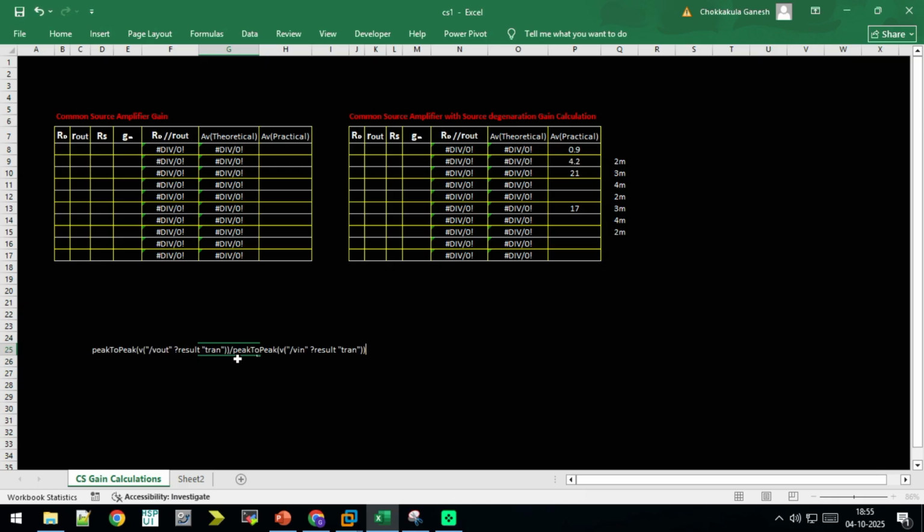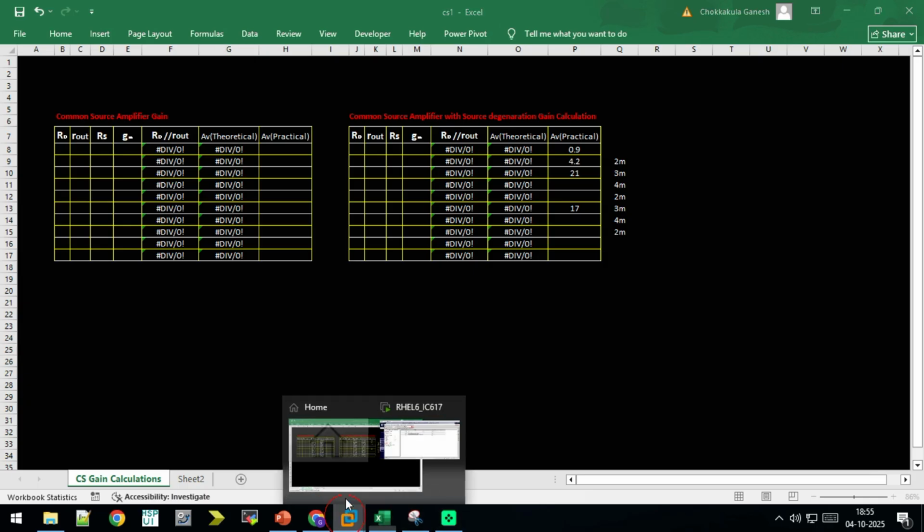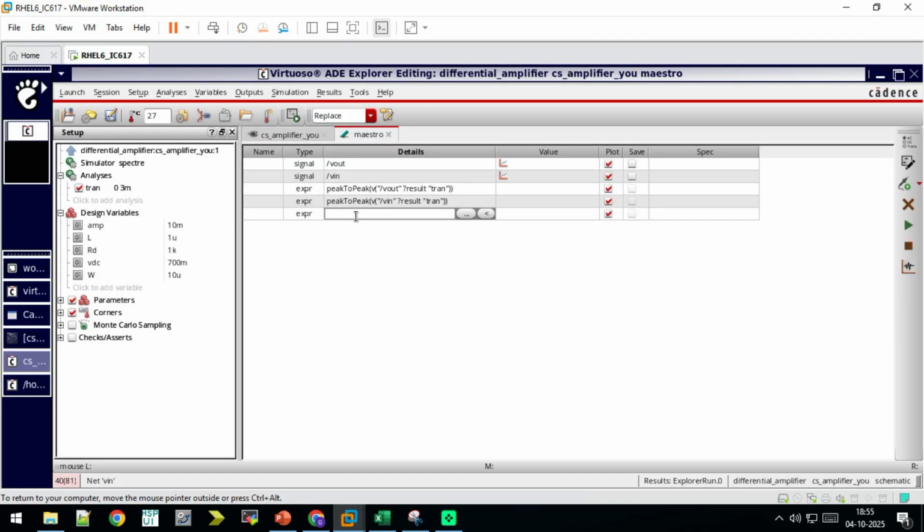I will be dividing the peak to peak of the output by the peak to peak of the input, so that I can calculate the gain. So this is nothing but the gain of the amplifier. This is the practical gain.